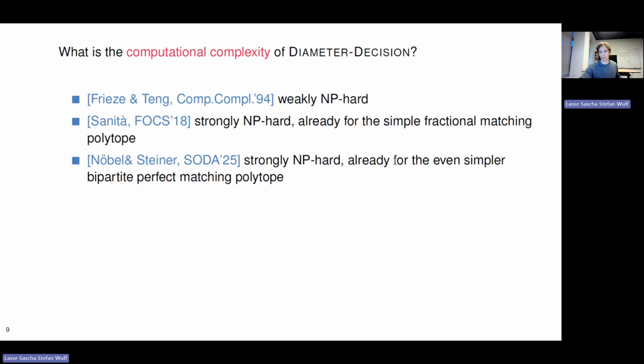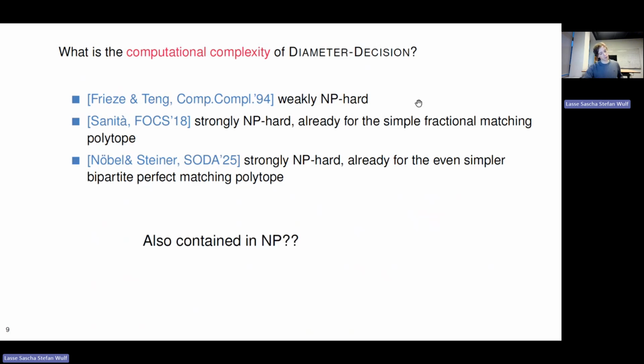Sanita at FOCS 2018 proved that it's strongly NP-hard already for a simple family of polytopes, the so-called fractional matching polytope, whereas Friese and Tang could show this result only for a handcrafted family of polytopes that had no known name. And then very recently, Nöbel and Steiner could improve this result. They could show strong NP hardness already for the even simpler family of the bipartite perfect matching polytope.